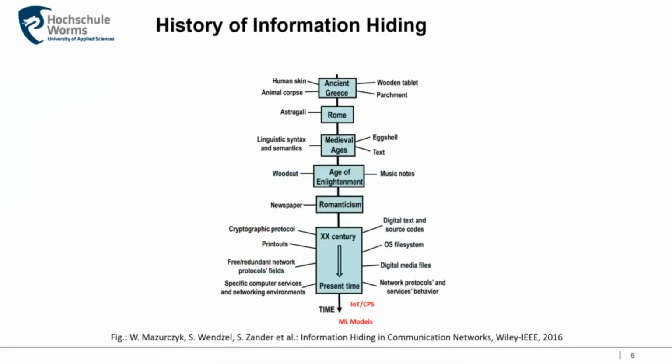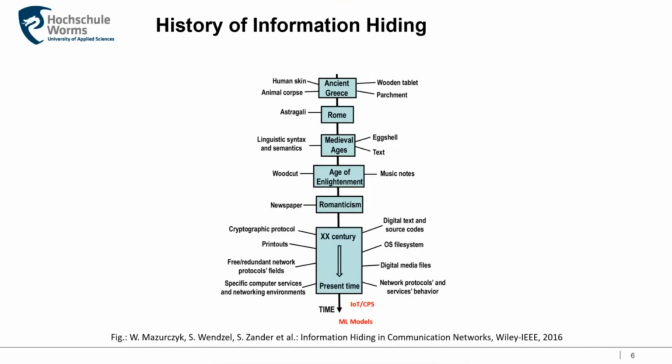It dates back to ancient Greece, where they tattooed messages on human skin, and later used astragali and so on. What is pretty well known are secret messages in newspaper announcements. And obviously this technology, like cryptography, was enhanced during war times.